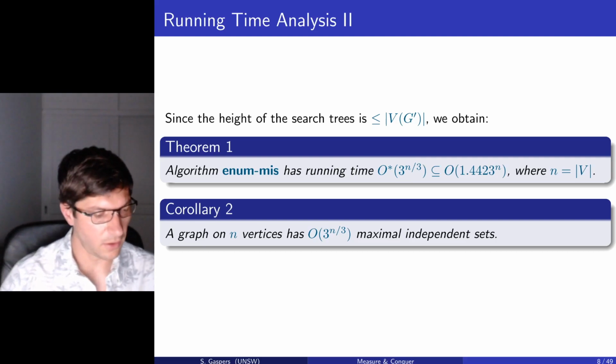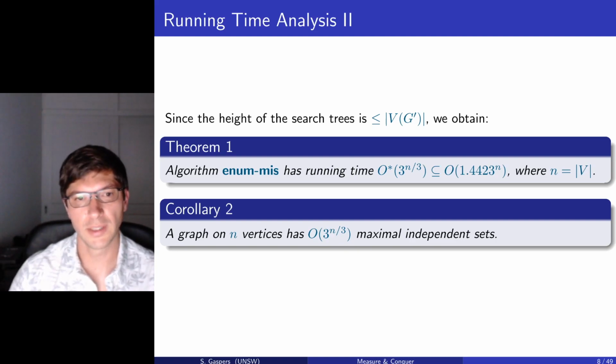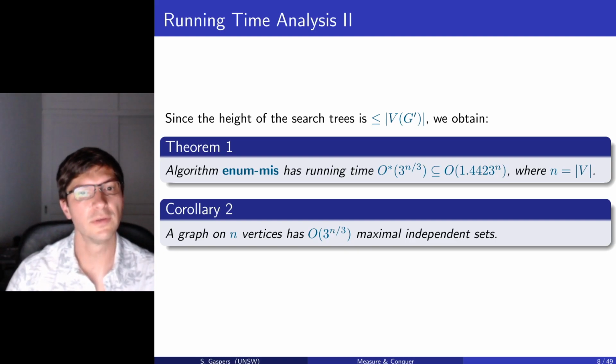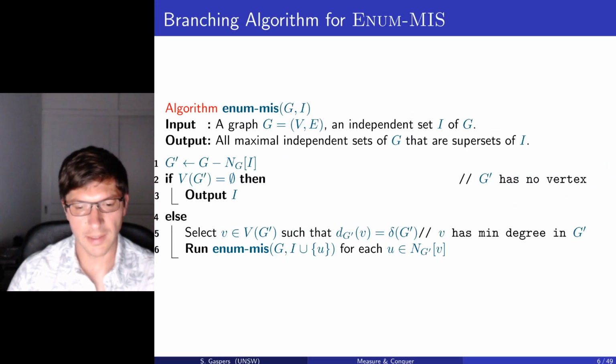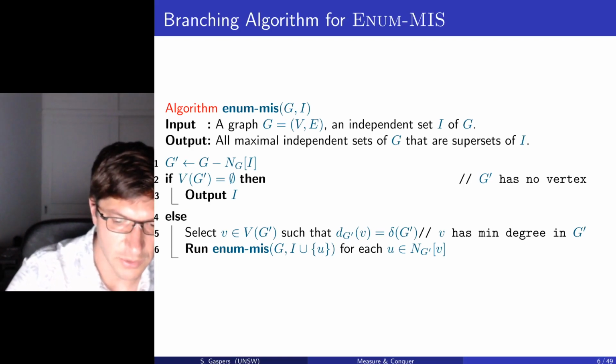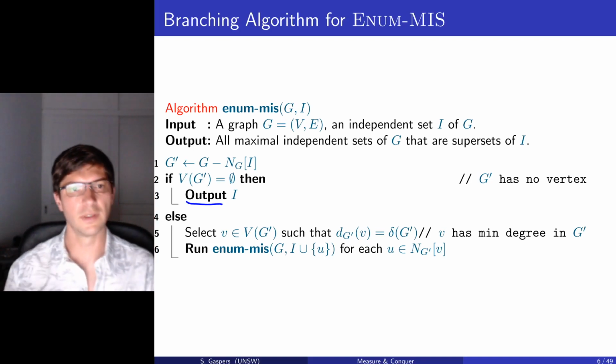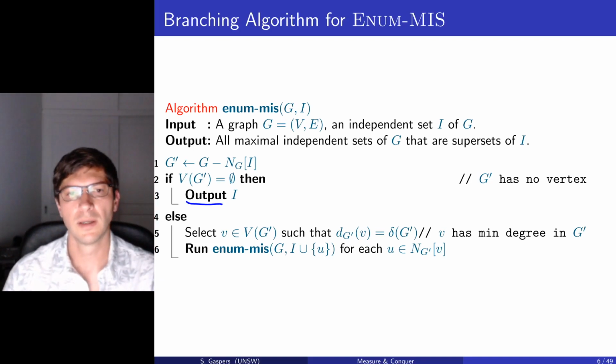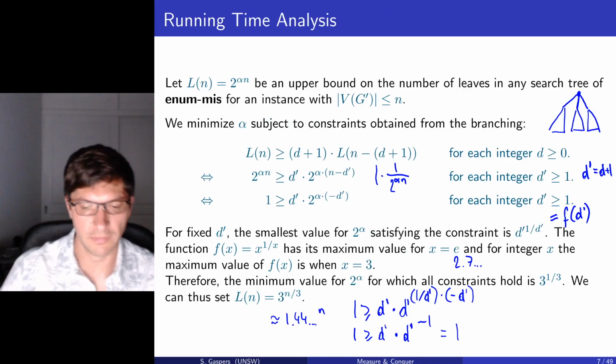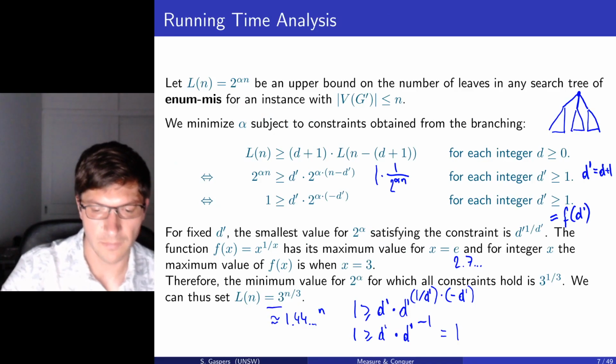So the other result that we get from this for free is that a graph on n vertices has order 3 to the n thirds maximal independent sets. Well, this is because independent sets in this algorithm are only output at the leaves of the search tree, right? So that's the only part where something gets output and then there's no recursive call. So this is a leaf of the search tree, and we have upper bounded the number of leaves by 3 to the n thirds.